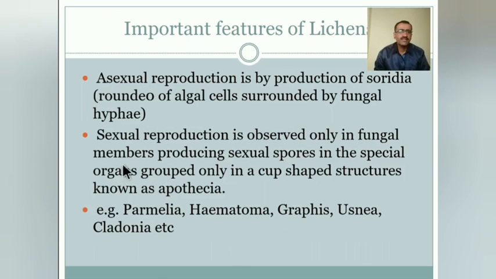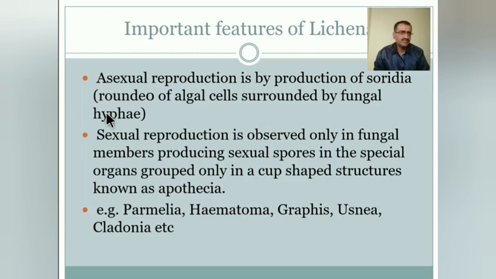Reproduction. Here 2 types of reproduction are found in the lichen: asexual reproduction and sexual reproduction. Asexual reproduction is by the production of soredia, that is a round body of algal cells surrounded by fungal hyphae.